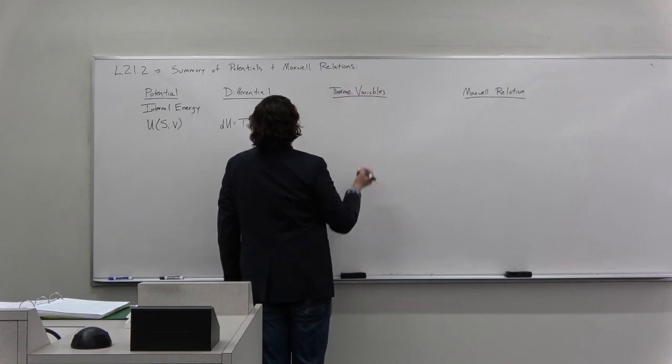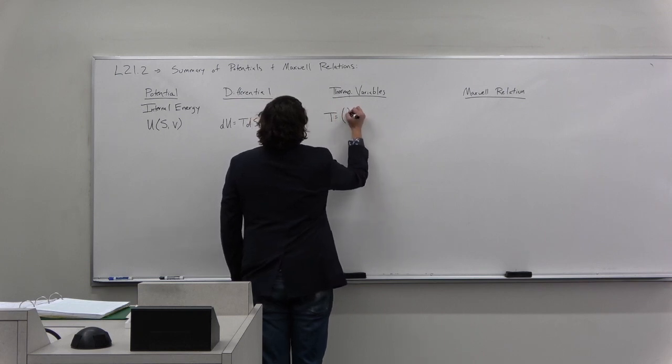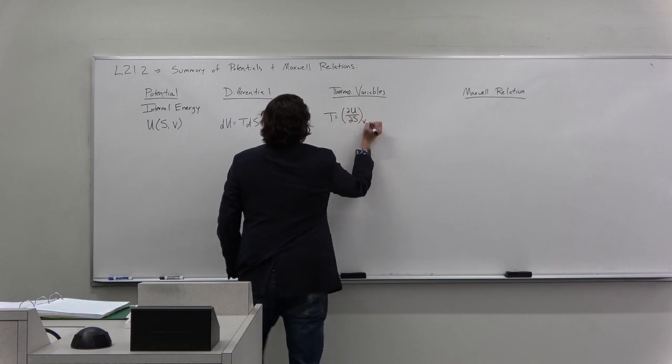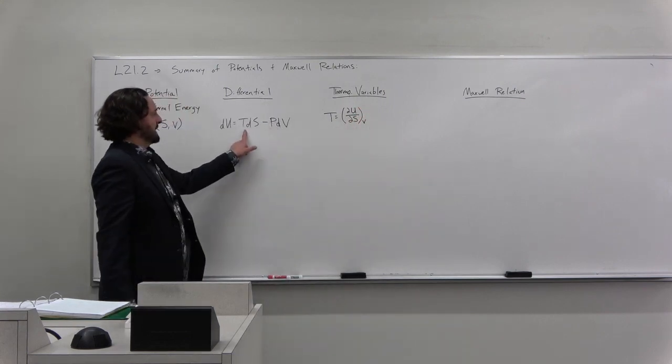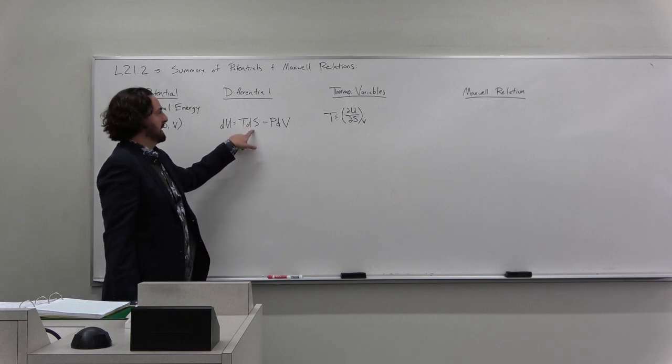Okay, from this I can get my thermodynamic variables. All right, so the first one we had was T is partial U partial S at constant V, right? Because T has to have the S on the bottom because it has an S here.